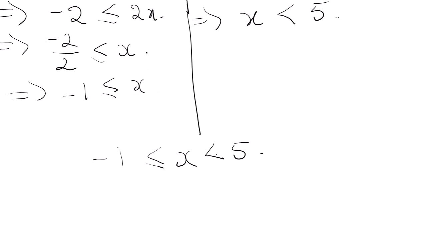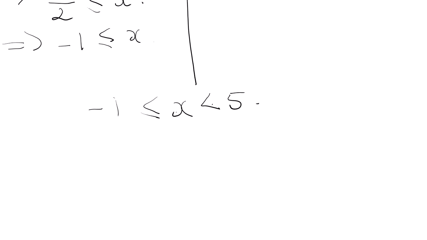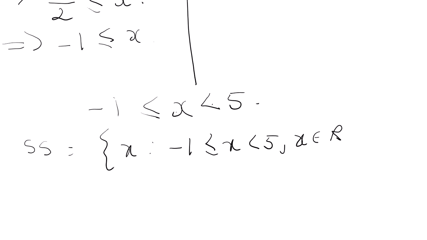So both you have combined. So now the solution set, x belongs to real numbers. So the solution set will be the set of all x such that minus 1 less than or equal to x less than 5, x belongs to real numbers.